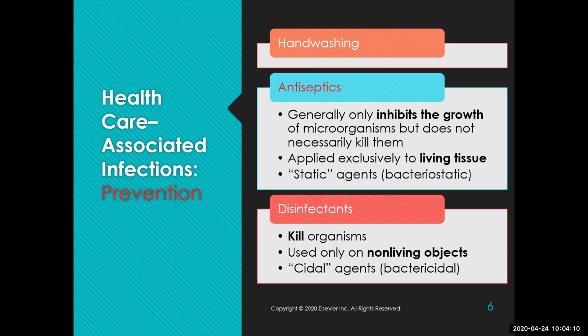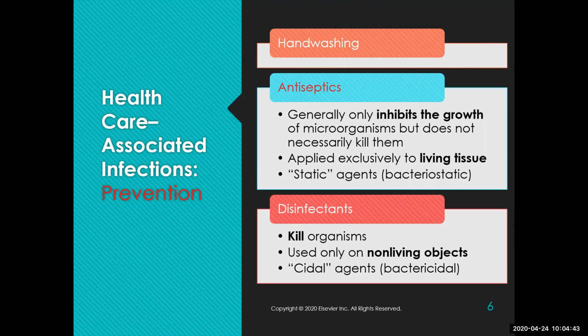So how do we prevent healthcare-associated infections? Hand washing is the number one way that we prevent these infections. I have a video that I will post with this slide narration that is an excellent video to help you understand more about how hand washing actually helps to prevent infection, how the soap itself works and lifts off viral particles and such.